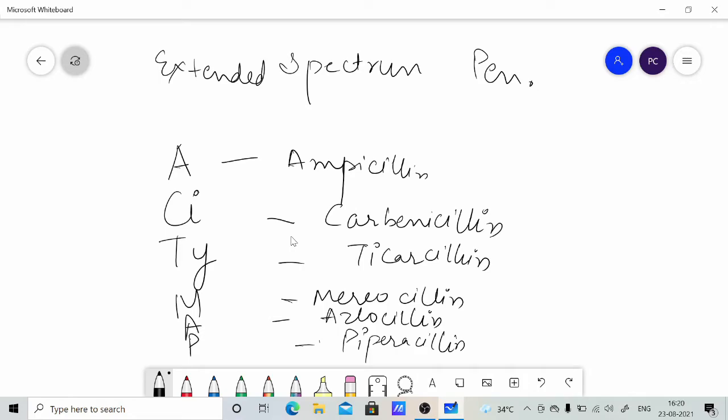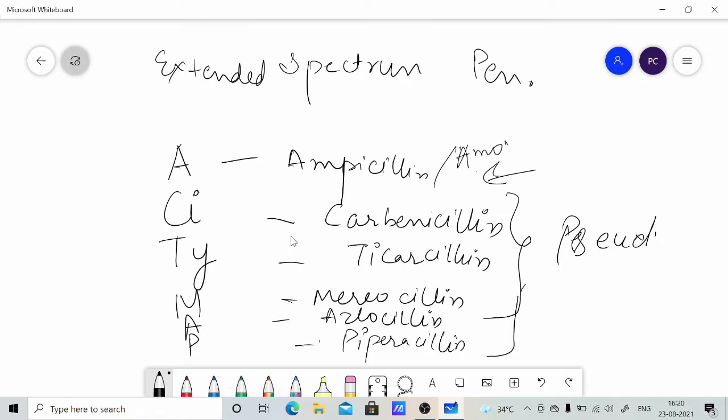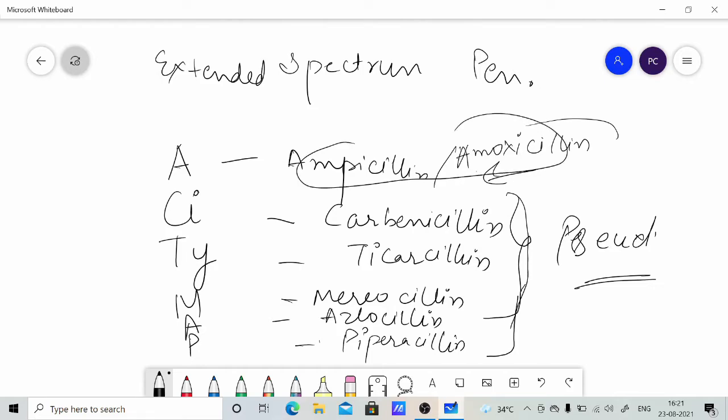One thing to note here is that these, till piperacillin, are effective against Pseudomonas. Pseudomonas is a very dangerous gram-negative bacteria, but except this, with ampicillin, amoxicillin also. Right.